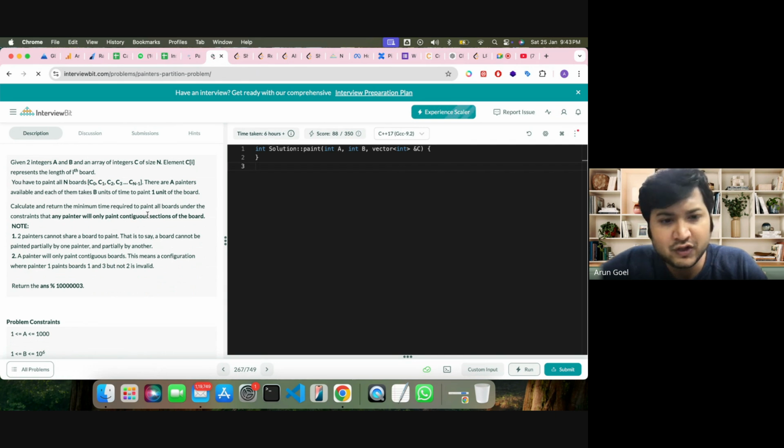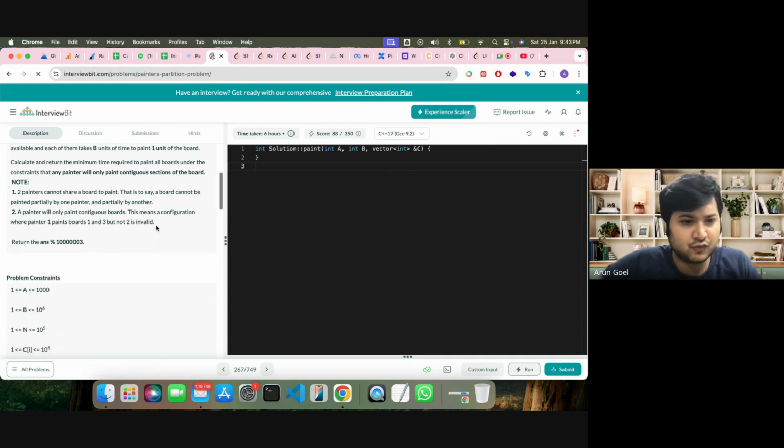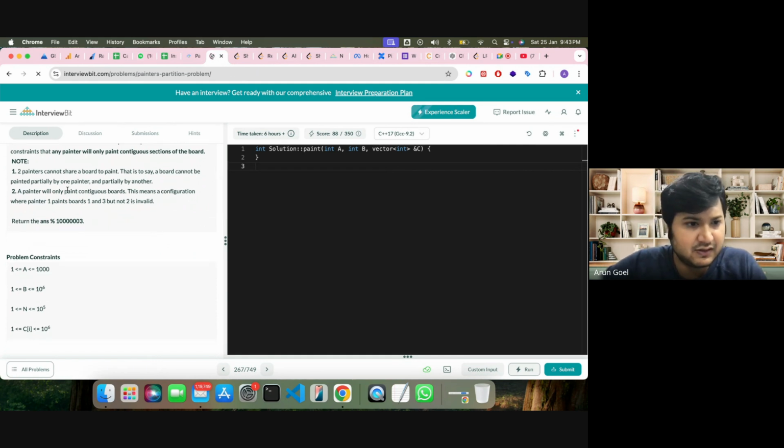Calculate and return the minimum time required to paint all the boards under the constraint that any painter will only paint contiguous sections of the board. Two painters cannot share the board, and that is अच्छा ठीक है. A painter will only paint contiguous boards. This means a configuration where one paints boards 1 and 3 but 2 अच्छा ठीक है, got it.